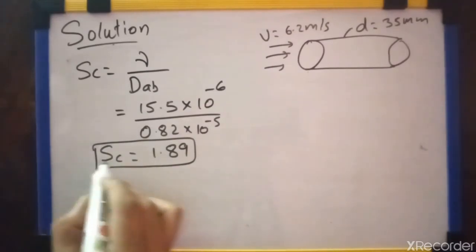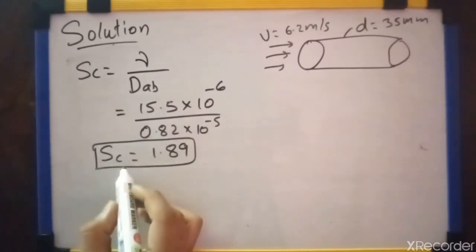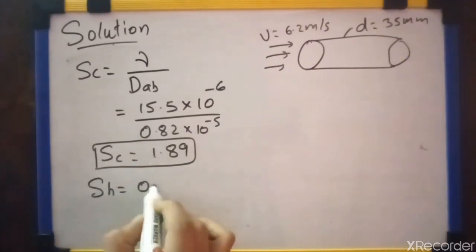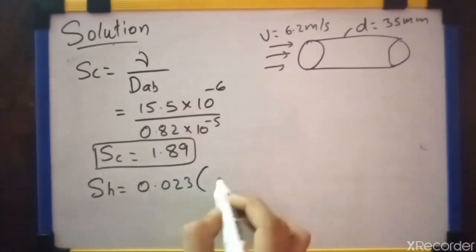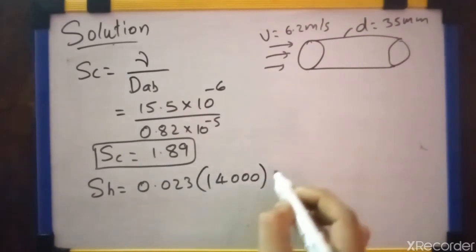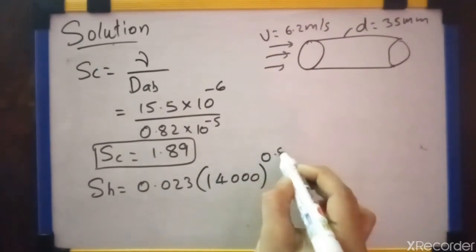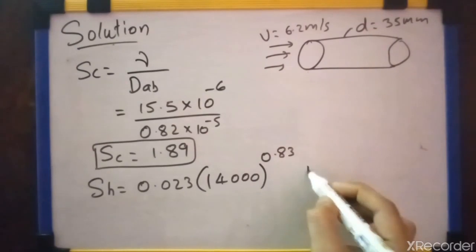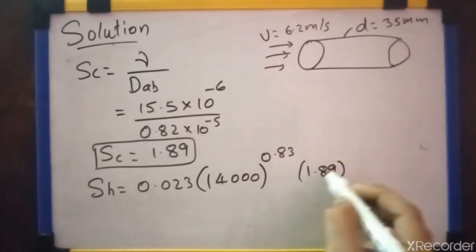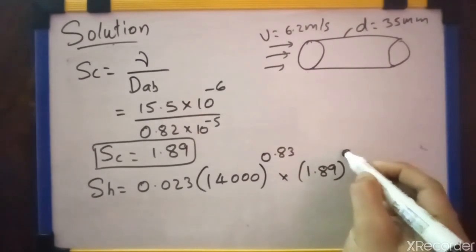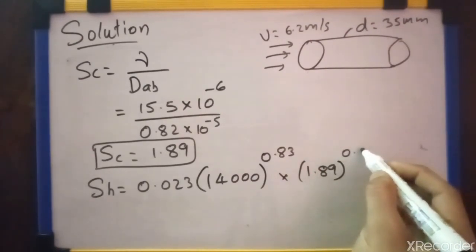Substitute the value of this Schmidt number in the equation of Sherwood number. Sh is equal to 0.023 into Re, that is 14,000 raised to 0.83, into this Schmidt number 1.89, the whole raised to 0.44.